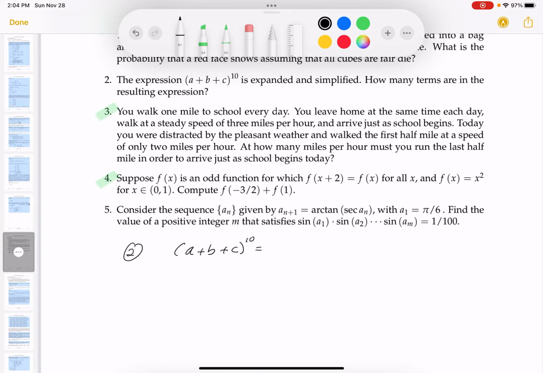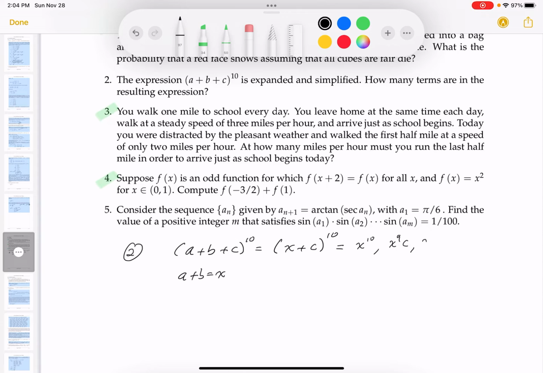I'm going to say for the most part, you know that if I took this and I said a plus b equals x, and I said x plus c to the 10th power, well, if you know the binomial theorem, and again, I'm not really expanding it, there'd be 11 terms here. So it would be like x to the 10th, the next term, I'm not putting the coefficient down, would be x to the 9th c.